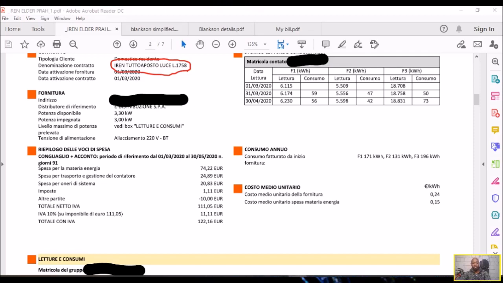Later we'll find out what that is. Altre partite, that is minus €10. We will also find out what that is. The total without IVA, I think, is 111. Then the IVA of 10%, which will be 11.11, which gives you a total of 122.16.